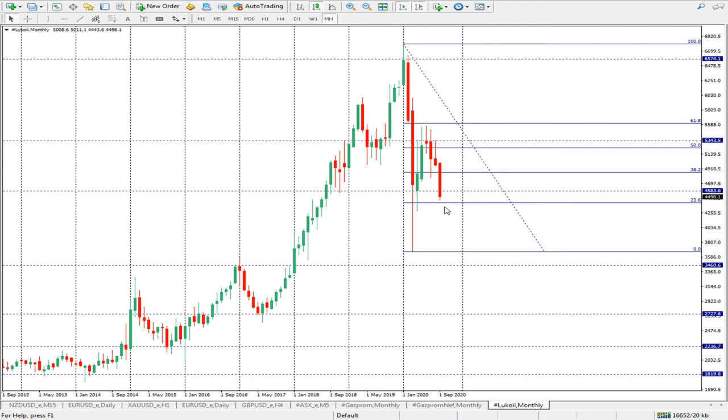So expect a breakout below, a retracement, and then a continuation up to at least this level, 3669.1. So that's why we expect price to go up. If the price successfully breaks below 23.6, expect it to continue down to 3669.1.